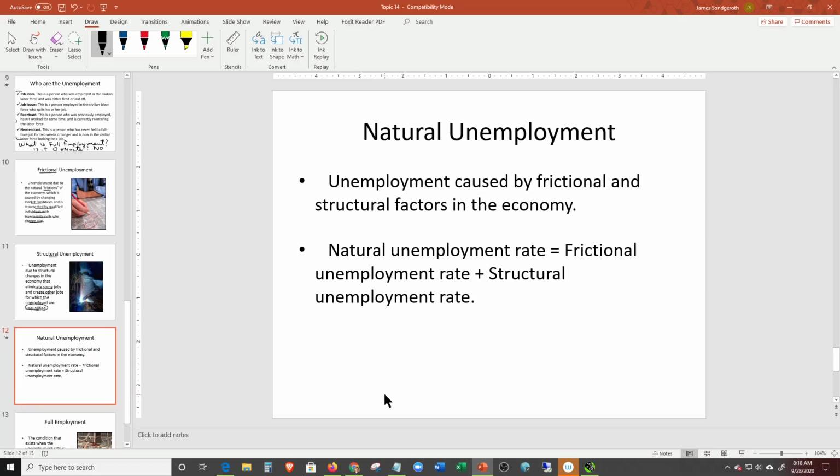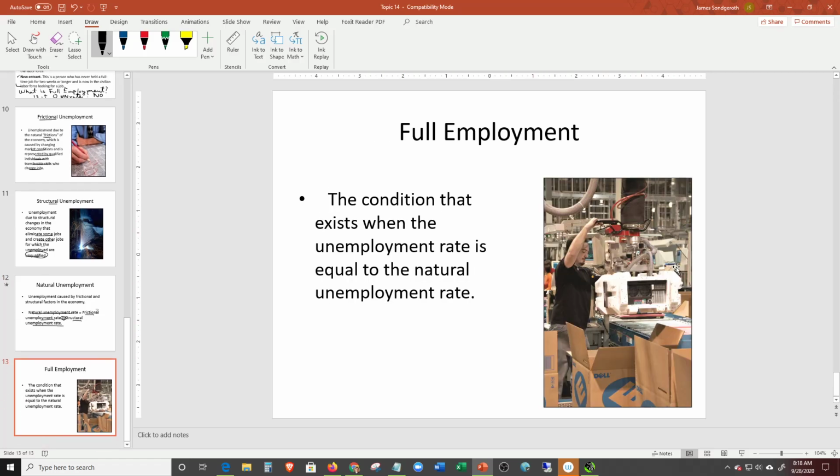So the natural unemployment rate is the frictional unemployment rate plus the structural unemployment rate. And this is important because we're going to define the natural unemployment rate as equal to full employment. Okay, so this is very important.